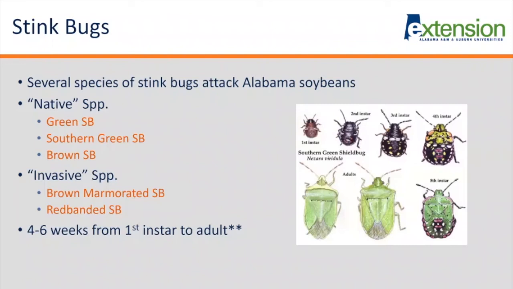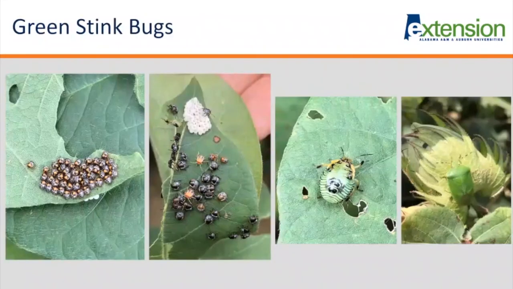Those are the stink bugs we're primarily looking for in our soybean fields. Depending on the species and weather, they can go from first instar to adult in anywhere from 4 to 6 weeks. So once they get into a field and establish, they're going to be there for a while. So we need to be scouting for them and prepared to intervene with insecticides when necessary.